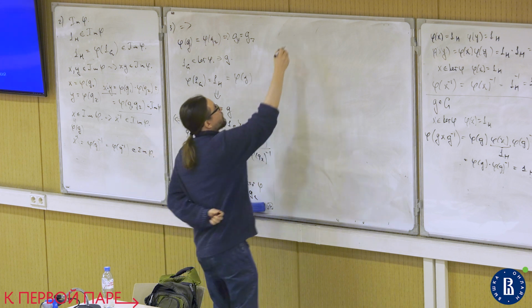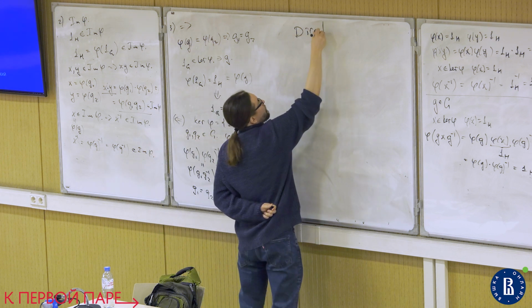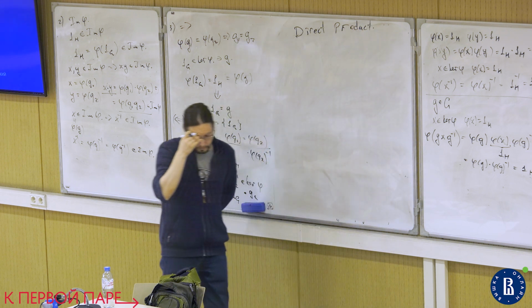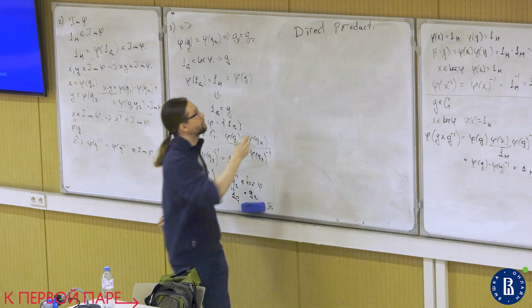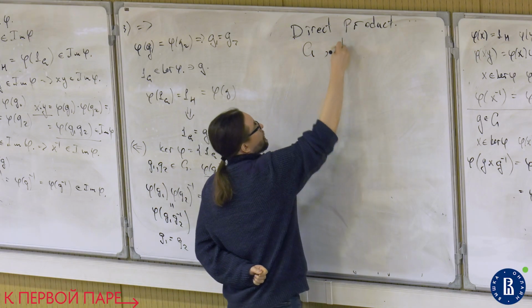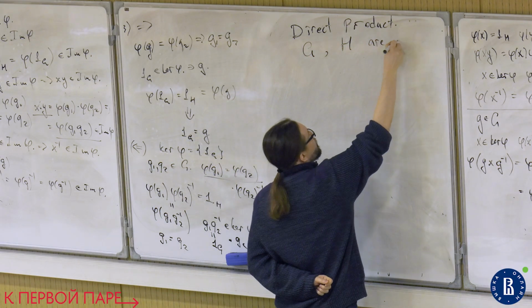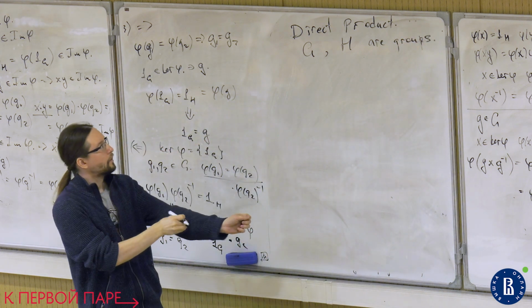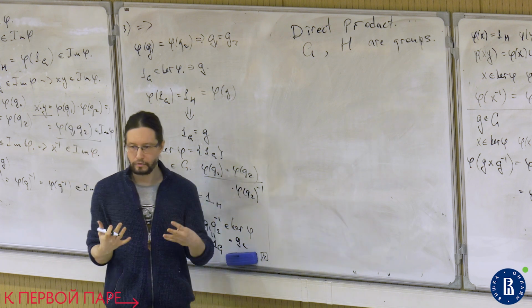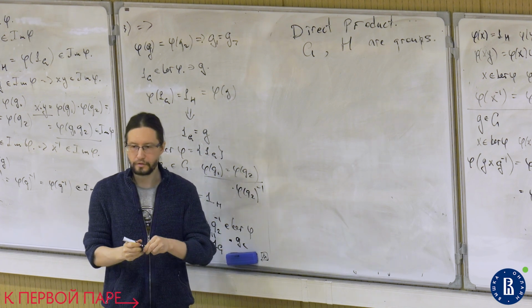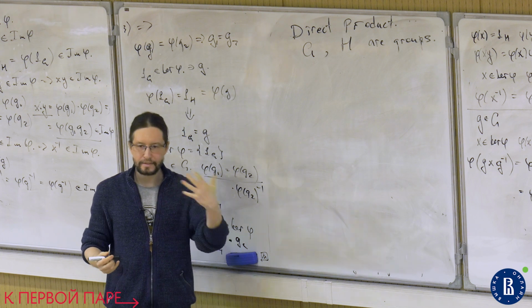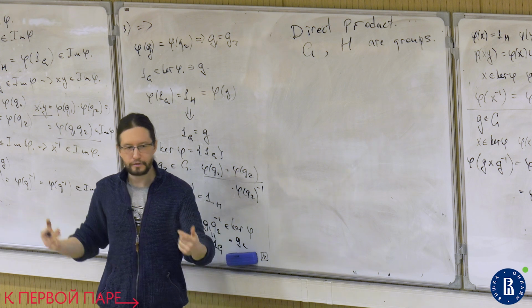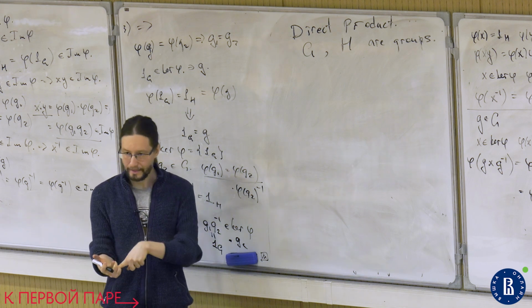Okay, direct product. Well, suppose we have two groups, a group G and the group H. Now, I want to produce another group. Well, how to produce a group? Since a group is a set with an operation satisfying some axioms, first of all, I have to provide you with a set.